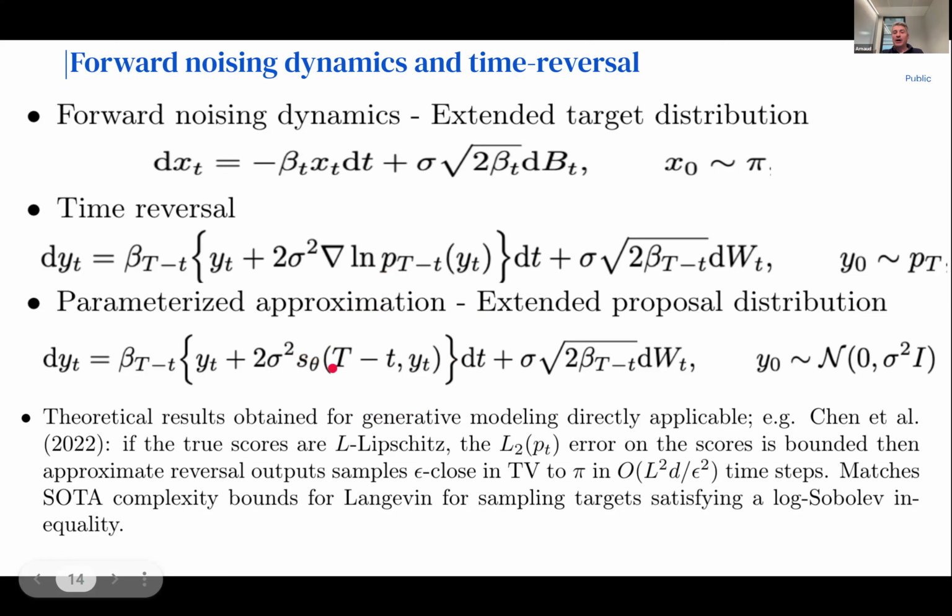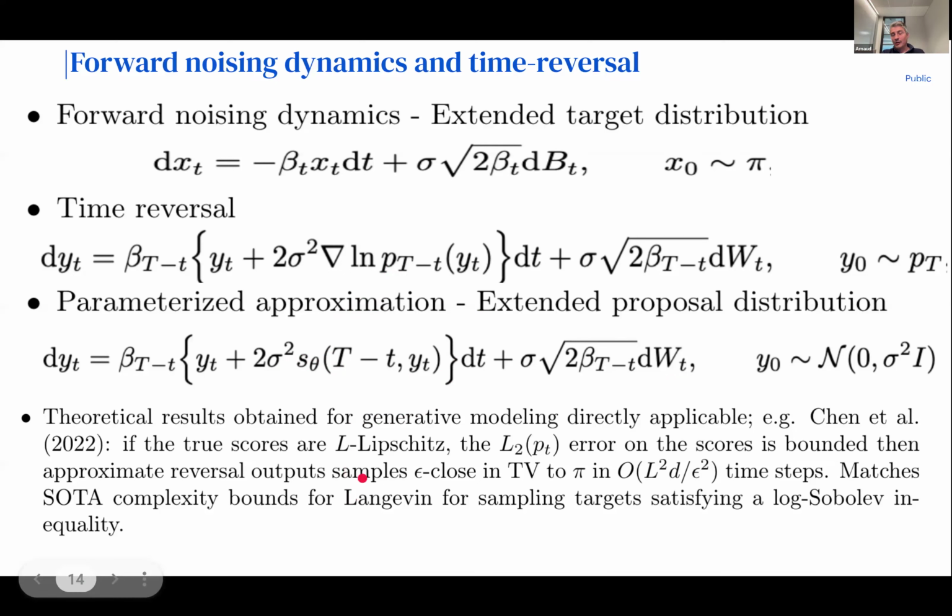Try to learn the parameters of this neural net by minimizing a suitable probability divergence, and then by simulating this approximation of the time reversal, you are going to have an approximate sample from pi. Okay.